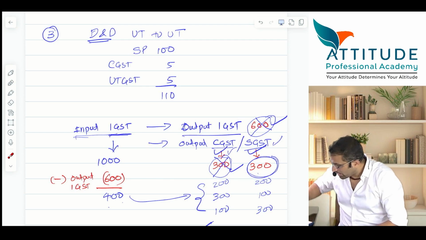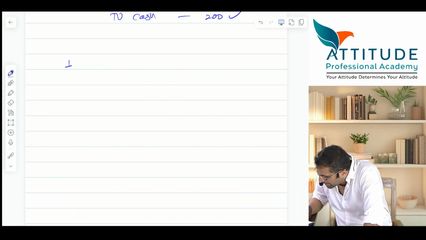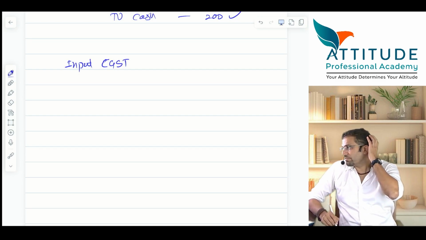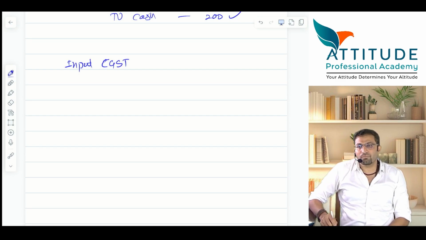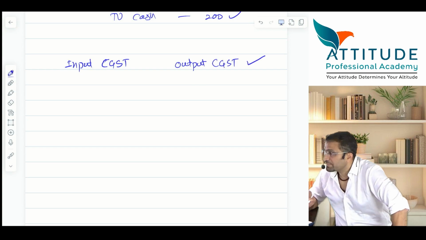Now come down. Sir, what about input CGST? Can it be adjusted against output CGST? Answer is yes.